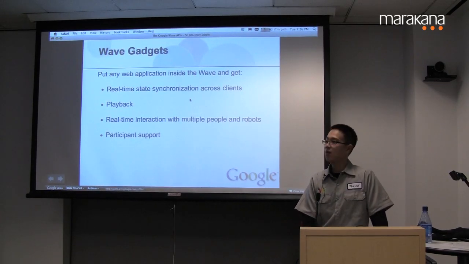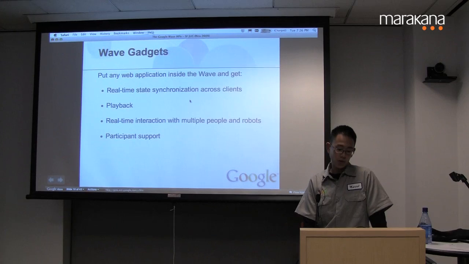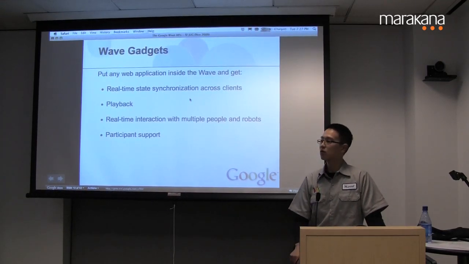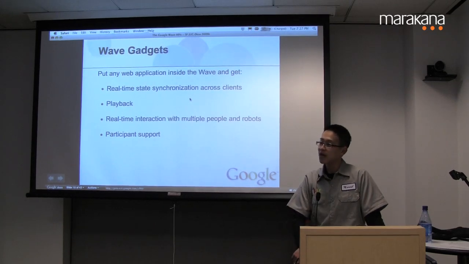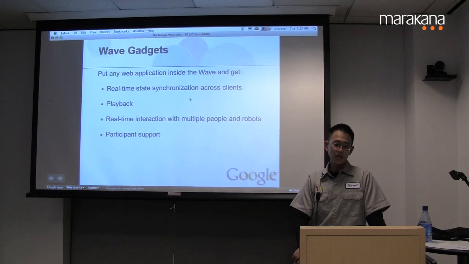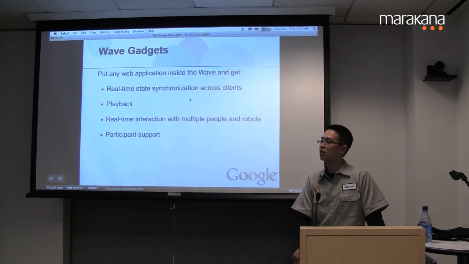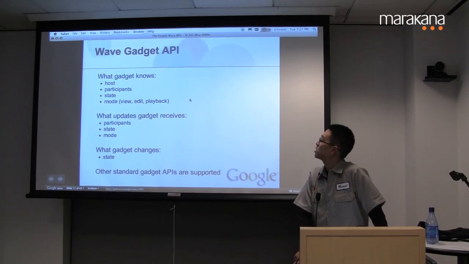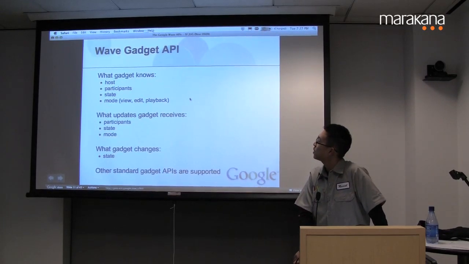So the Wave Gadgets API also has support for participants. So in a gadget, you can see who are the participants of the Wave, who's currently looking at the gadget, who hosted the gadget, which means who added the gadget to the Wave. So the Wave Gadgets API provides access to several different things.